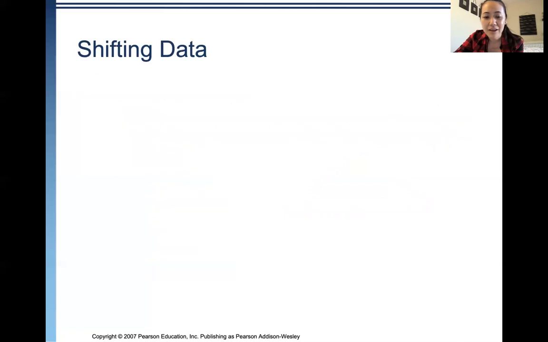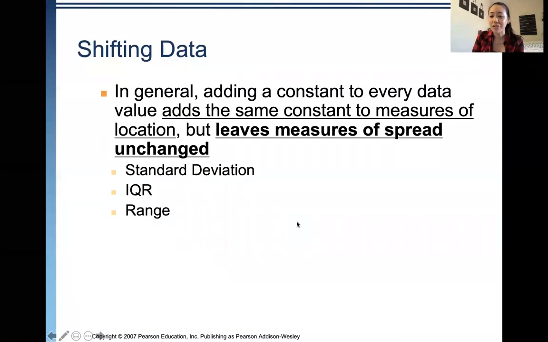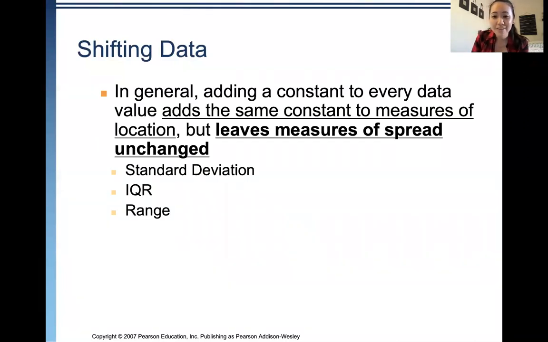Now, there are things that do not change, which are measures of spread. This is the tricky part you want to highlight. Measures of spread do not change when you shift data. Measures of spread would be standard deviation, IQR, and range.